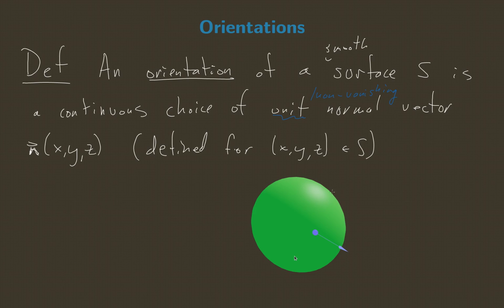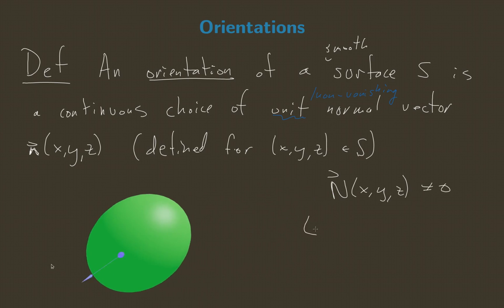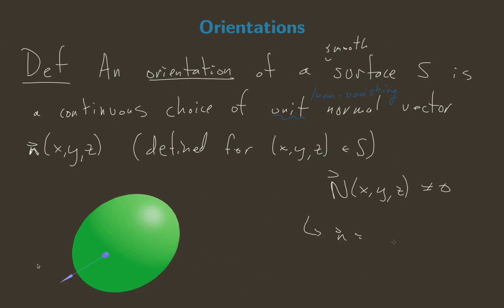Because if we had a normal vector, let's say big N(x, y, z), always normal to the surface S, not necessarily a unit vector, but it never vanishes, then we can get a unit normal vector, little n, by dividing by the magnitude. And in order to do that, we need this to never be zero.